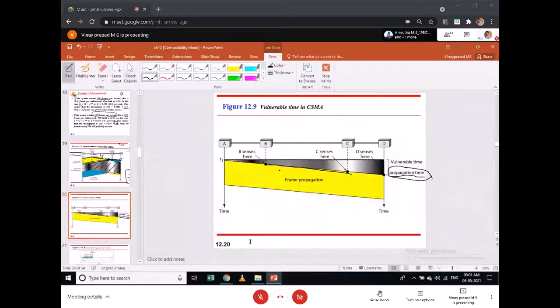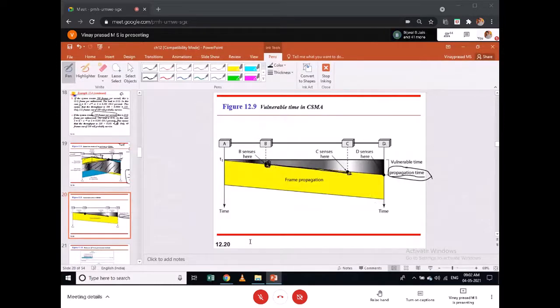At this point, if B senses the channel and comes to know it is idle, it will transmit. At this time, if C senses, it would come to know the channel is busy because B is transmitting.